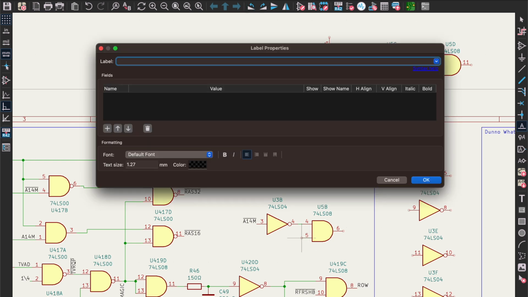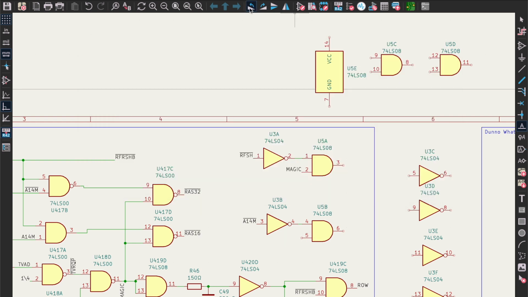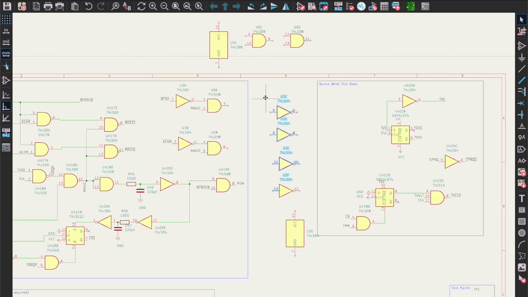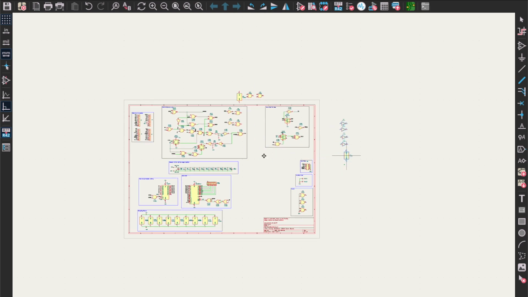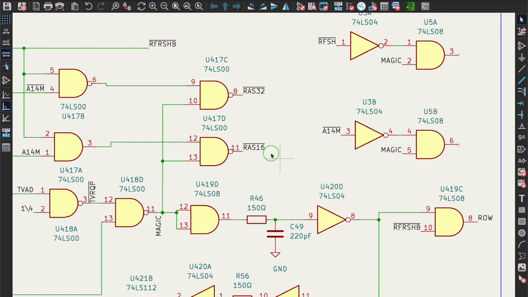Again here. So we want it like that. Let's get these out of the way. Stick them over there.